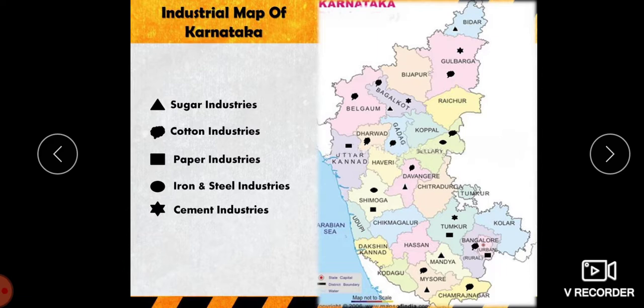And also we are having the cement industries. When we move on to the cement industries, we are having it in Tumkuru, and even in Bagalkot we are having the cement industries. Even in Gulbarga also we are having the cement industries.